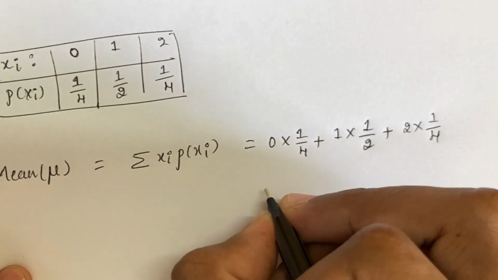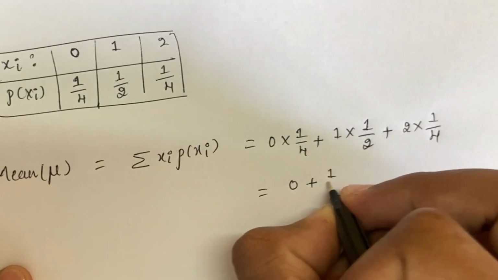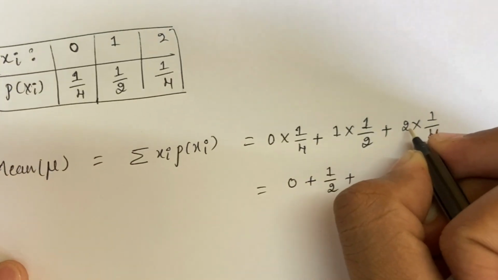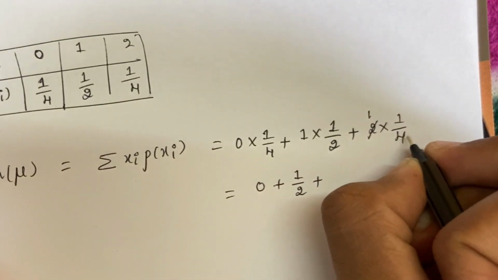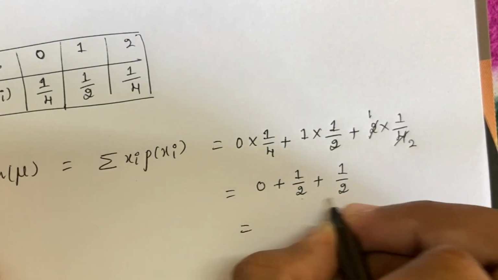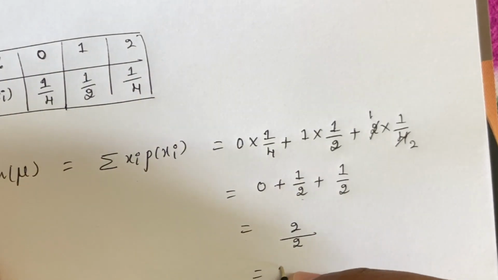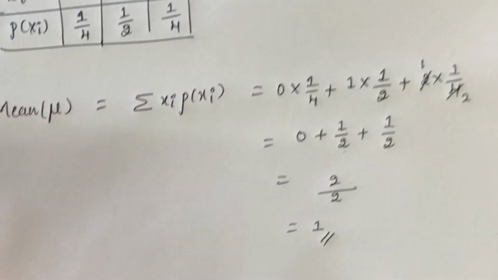Here it will be 0 plus 1 by 2 plus, can I cancel here? 2 1s are 2, 2 2s are 4, then we get 1 by 2. That equals, with LCM 2, 2 by 2. So the mean is 1.